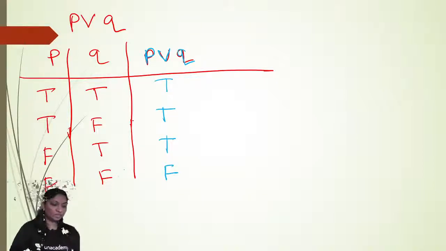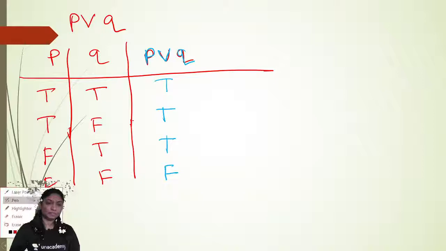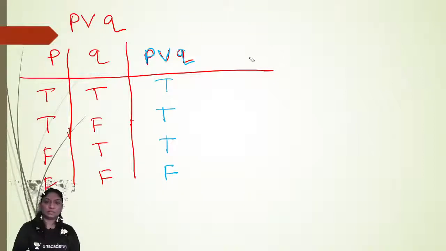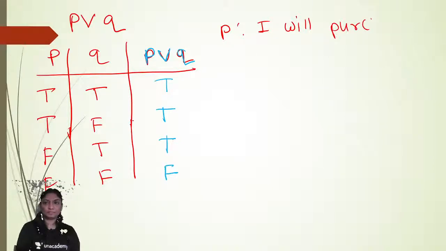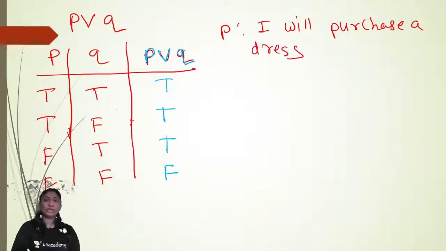For example, suppose P is the statement, I will purchase a dress, and Q is the statement, I will purchase a book.